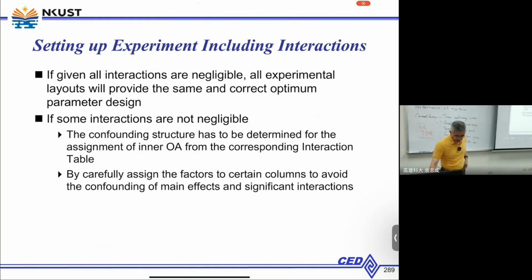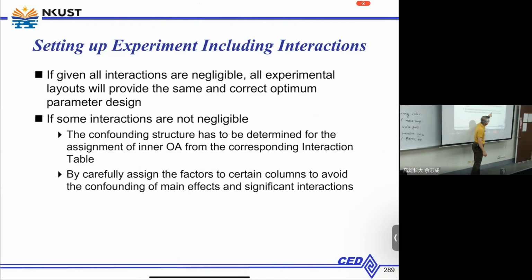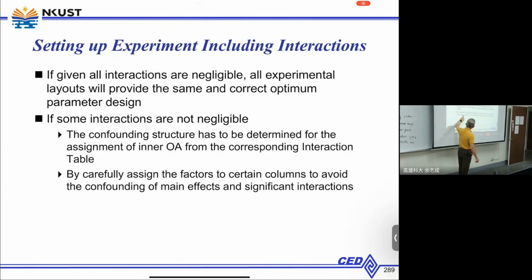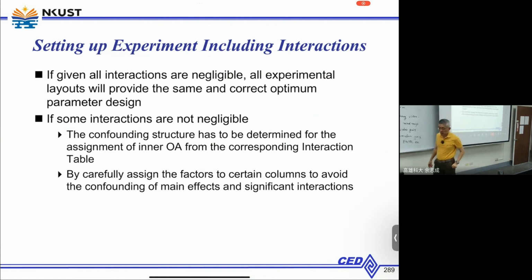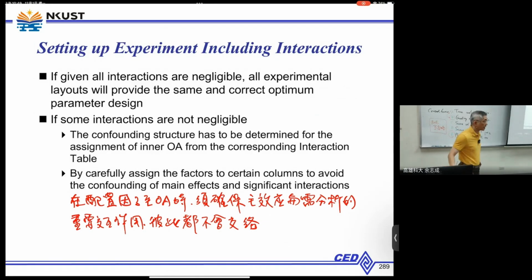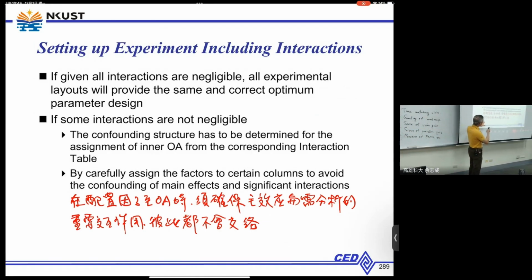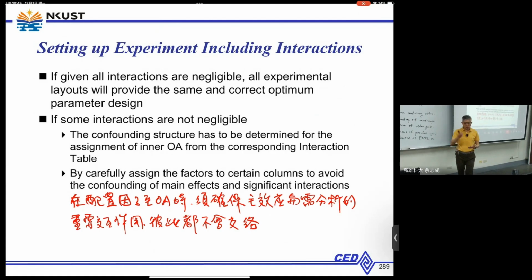So basically, we need to carefully assign the factors to the columns to avoid the confounding of main effects and the significant interaction. That is the reason that we need to understand their confounding structure in order to assign our factors to the columns in the orthogonal array.